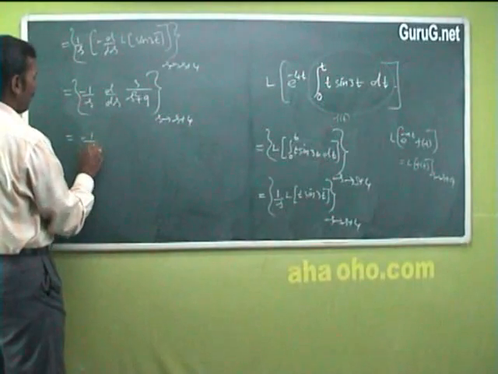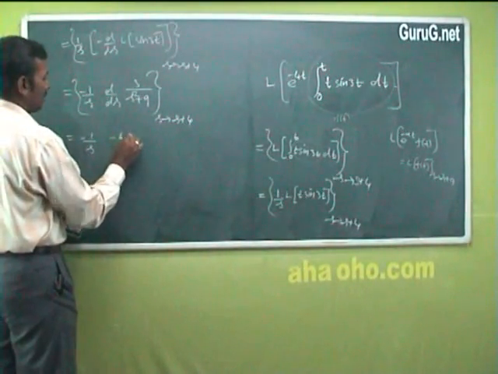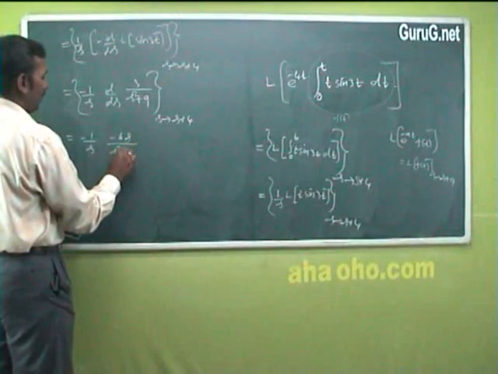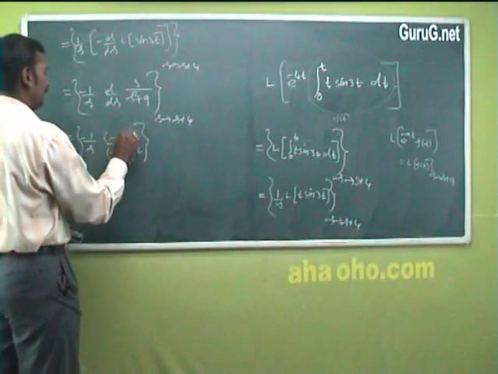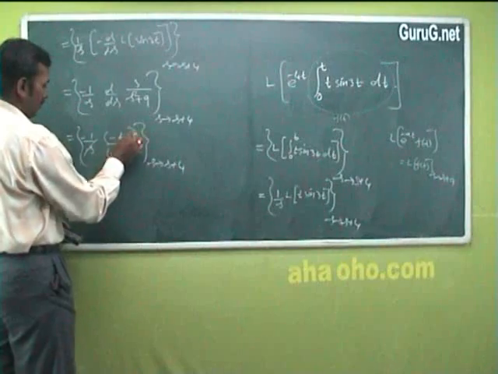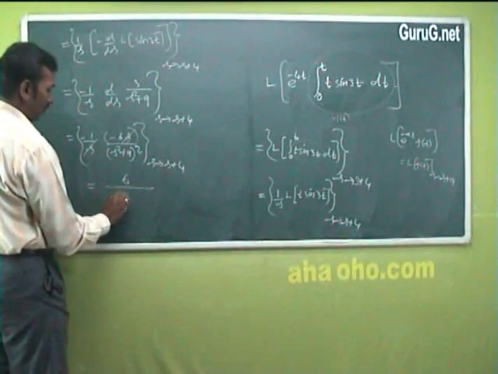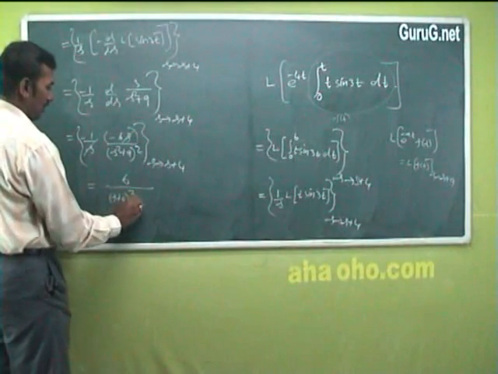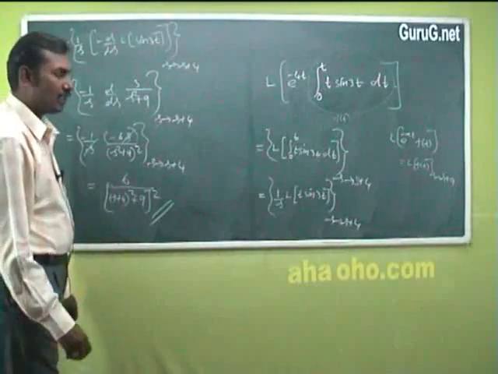So minus 1 by s, this we differentiate, minus 6s by s squared plus 9 the whole square. S is replaced by s plus 4. Now this s we can cancel. Minus minus plus 6 by s plus 4 the whole square plus 9 the whole square. Which is the required result.